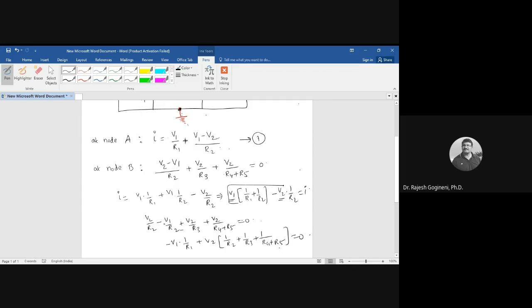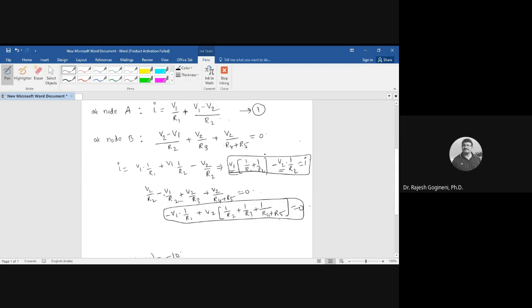Again, two equations, in terms of two unknowns. Here the unknowns are the node voltages. One node voltage V1, the second node voltage V2.